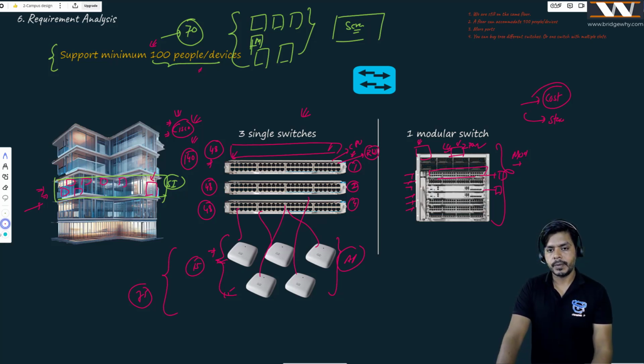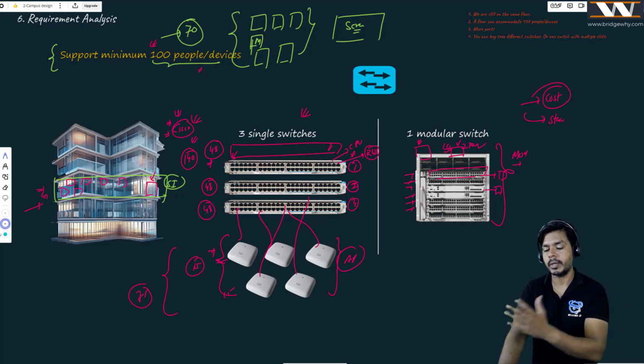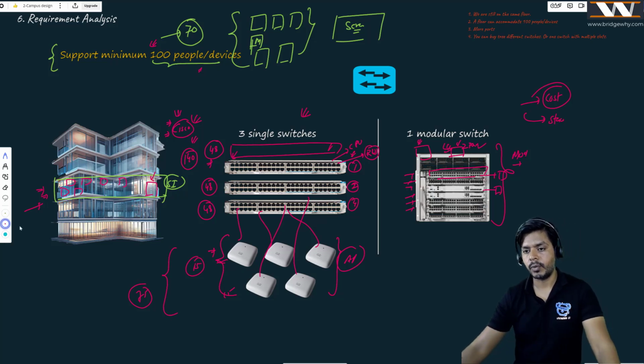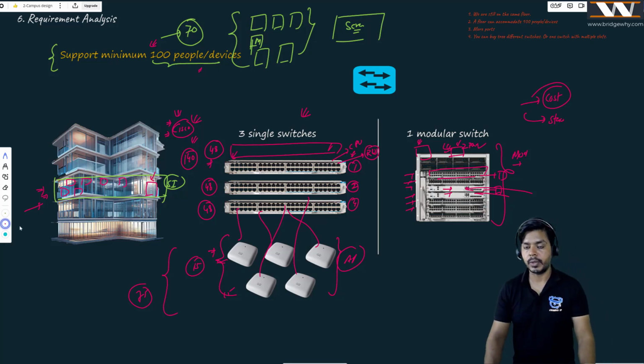We need to consider what exactly the customer requirements are. Cisco has given us different choices, whether you can have 3 single switches or 4 single switches or 1 modular switch. And maybe you can see 4 line cards or 5 line cards already here, but this space is absolutely free. If the number of people is increasing, then you can just insert another line card here, right?